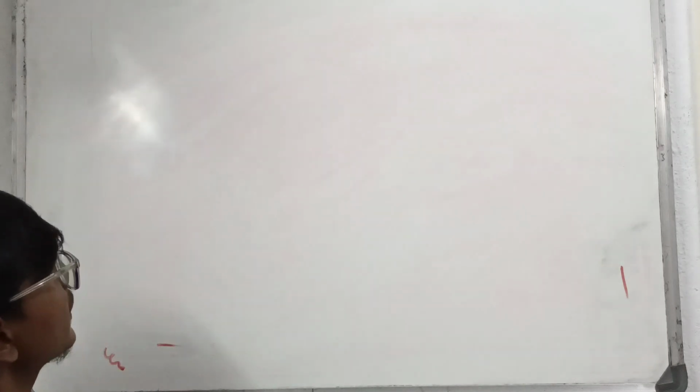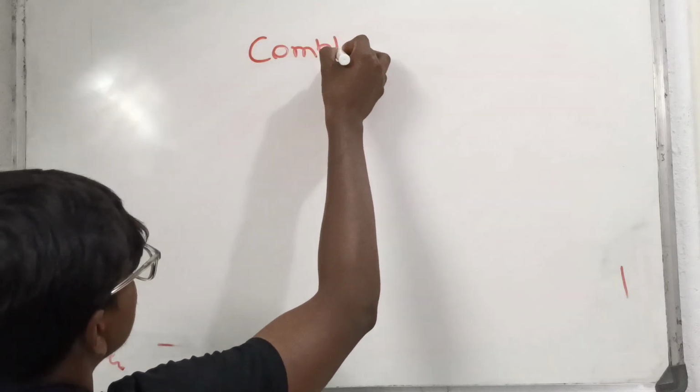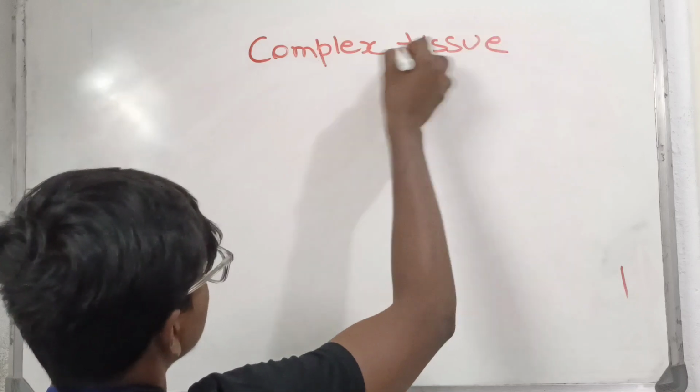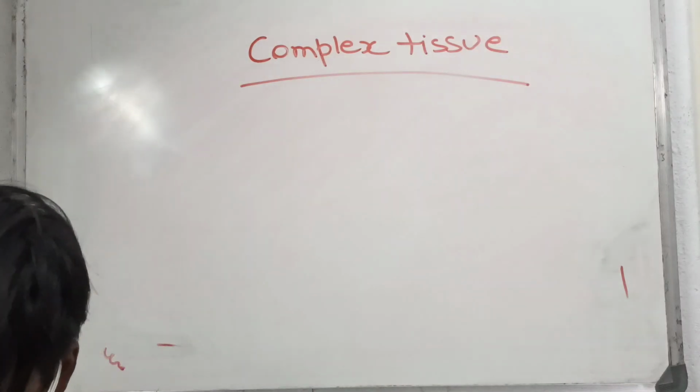You can say epithelial tissue is the outermost layer. Okay, before this animal tissue, we will see one more topic, that is complex tissue.